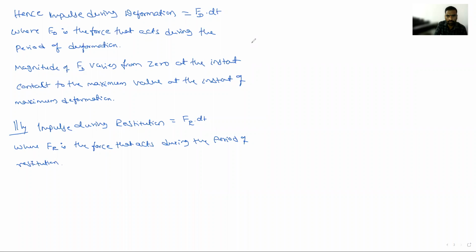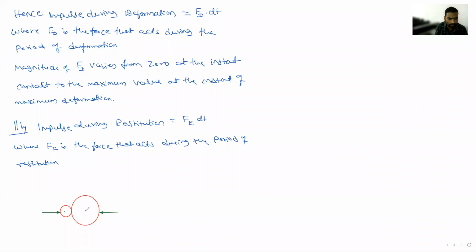So take down some examples for the direction. Now you have to tell me which type of impact it is. Direct impact.